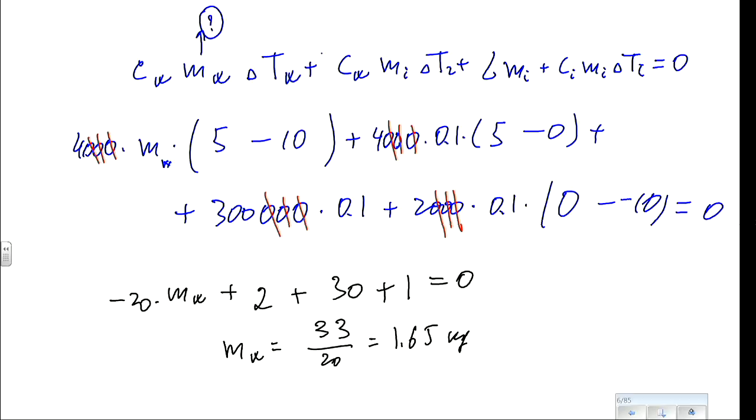For lead, it was like 100, no, about 1,000 something. So water is a very unusual substance. This is one of the things about water. It requires a lot of heat to make a transition, or it releases a lot of heat.